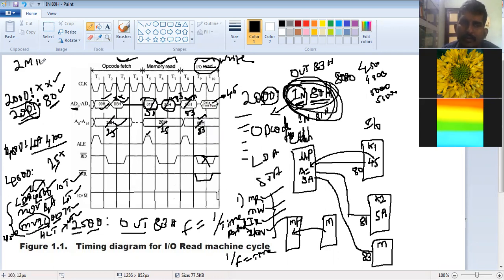Megahertz, is it frequency or time period? Megahertz is frequency, because the unit hertz is frequency. So 25 into 1 by 2 into 10 to the power of 6. So what is the total time period?